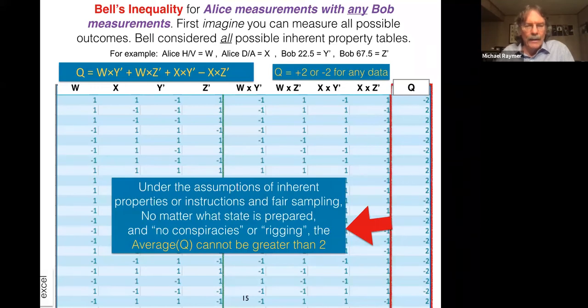But then, just to repeat the argument one more time before the experiment, if you randomly and fairly sample these numbers so that you're only looking at 2 of these 4 quantities at a given trial, and you have a large enough sample that your measurements are within the margin of error, and then you calculate the average of Q by averaging down the 4 columns and then summing over the horizontal direction to get the average of Q, this table still shows that under those conditions, there's no way the average of Q can be greater than 2.